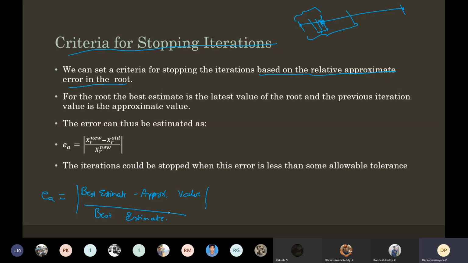Right? I told you about absolute error, relative error, true error, approximate error, significant figures, precision, accuracy. What is the best estimate? Anyone?